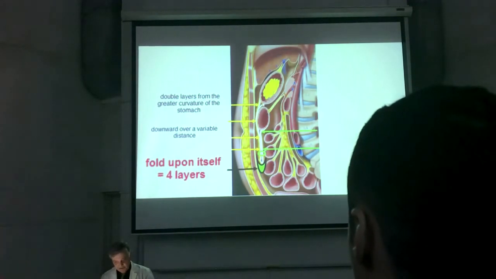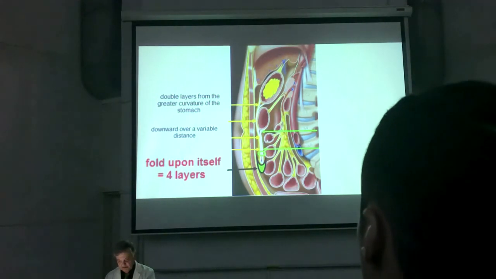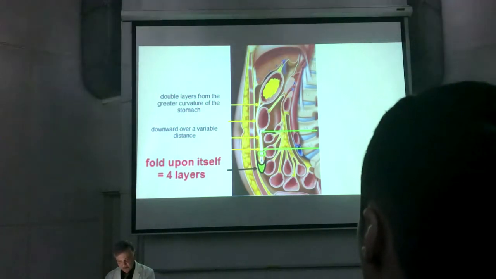If this is the stomach, the structure inferior to the stomach is the transverse colon, right? It's a large intestine, and you can see that this is a small intestine and this is large intestine. So this is the transverse colon.